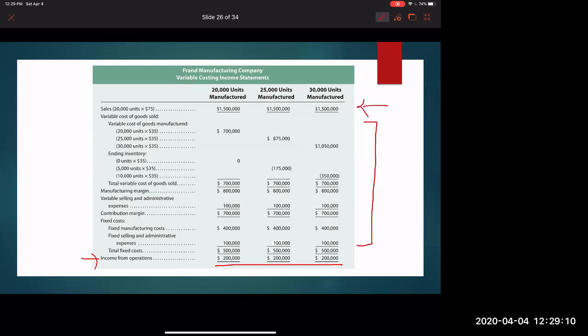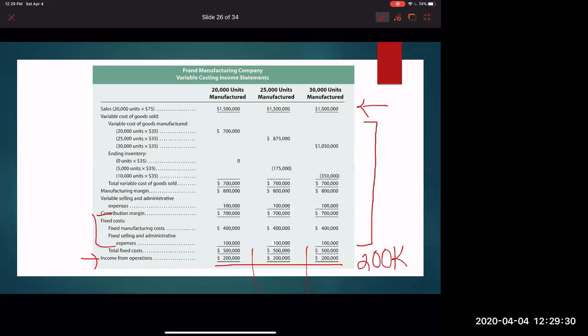So under each scenario, you're still at 200,000. Managers are not being misled, and fixed cost is not being spread out over more units. Fixed cost is a non-factor here. They're just expensing it out at the end of the period.